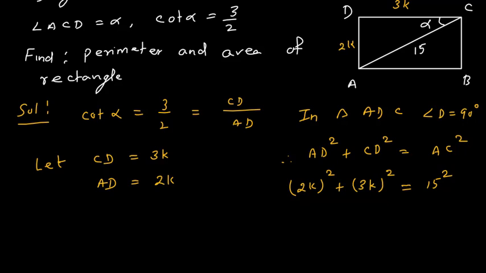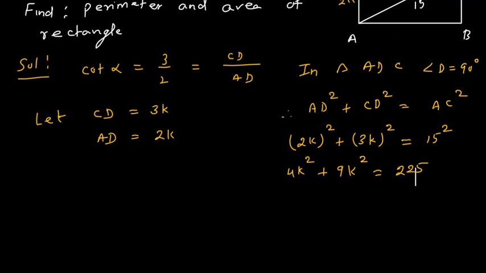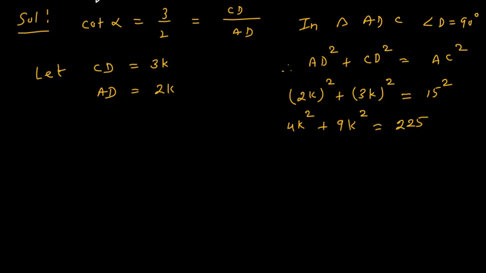Now 2K the whole square is 4K square, plus 9K square, equals 225, since 15 square is 225. 9 plus 4 is 13, so we have 13K square equals 225. Therefore the value of K square is 225 divided by 13.